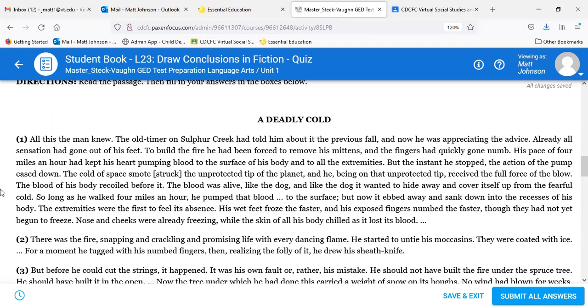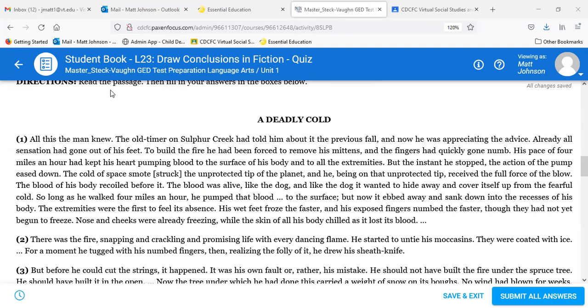Yes. On this, the man, the old-timer on Sulphur Creek had told him about it the previous fall, and now he was appreciating the advice. Already all sensation had gone out of his feet. To build the fire, he had been forced to remove his mittens, and the fingers had quickly gone numb.